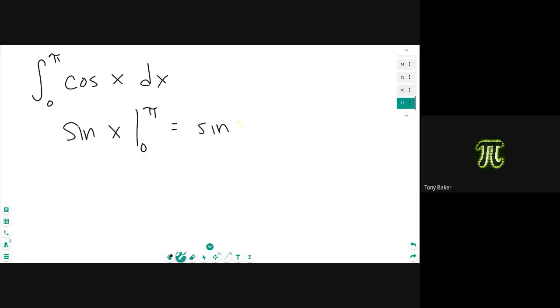I have sine of pi minus sine of 0, which is what? Does that make sense? Yeah. So let's look at cosine of x.